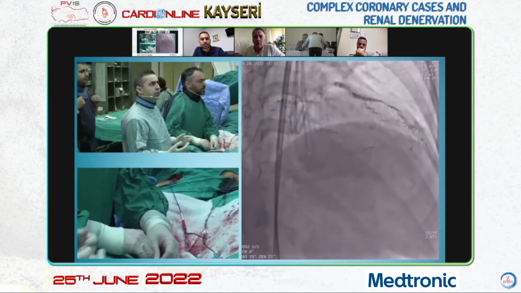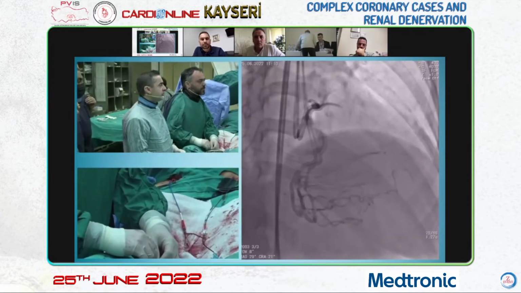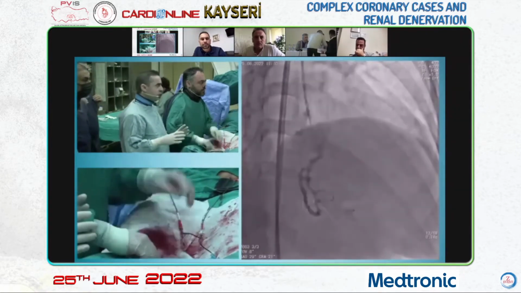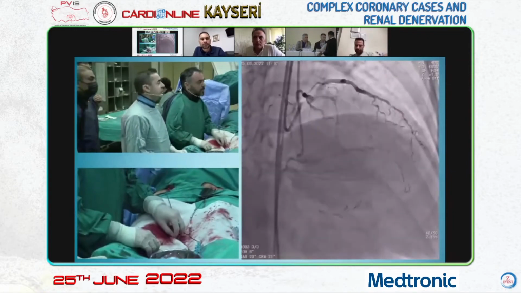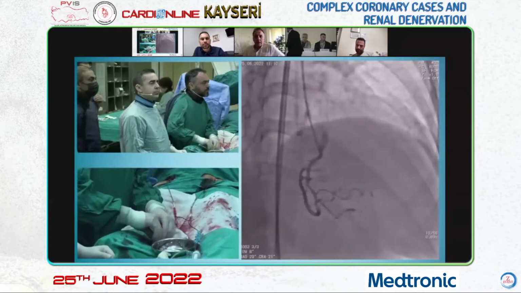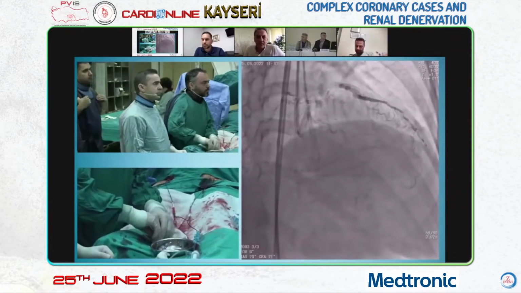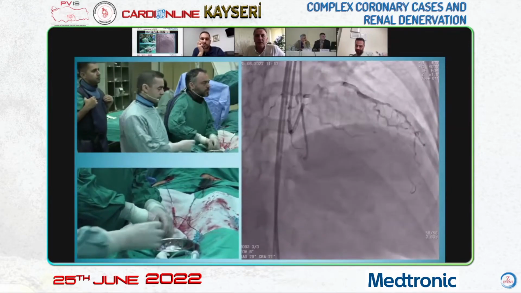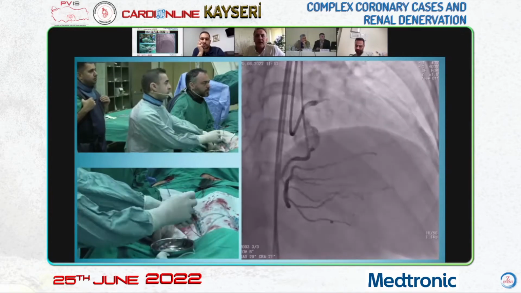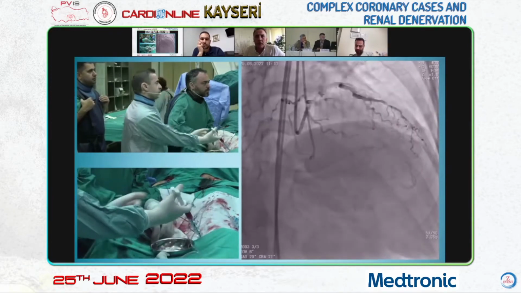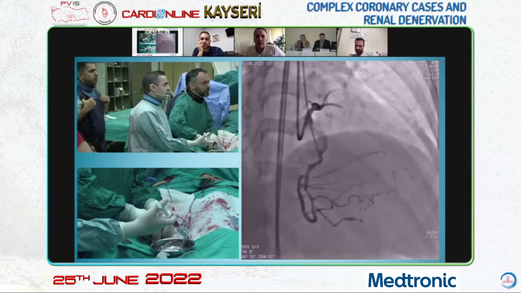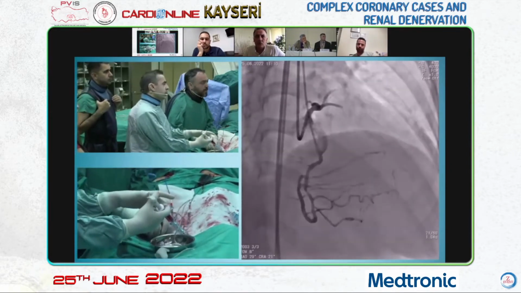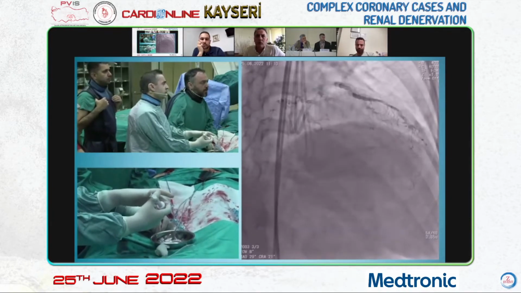What is the progress barrier for now? Okay. For the lesions you cannot penetrate, what are your options of wire? Which one do you prefer? If there is a penetration problem with Gaia 2 or 3 and hydrophilic wires do not work, my next option will be Conquest 9 or 12.